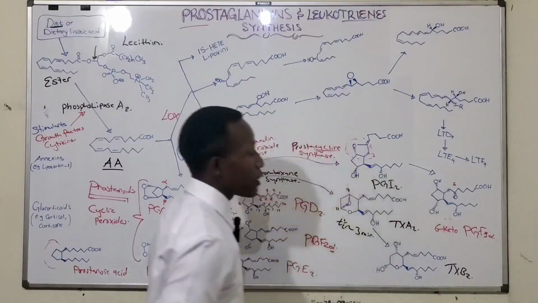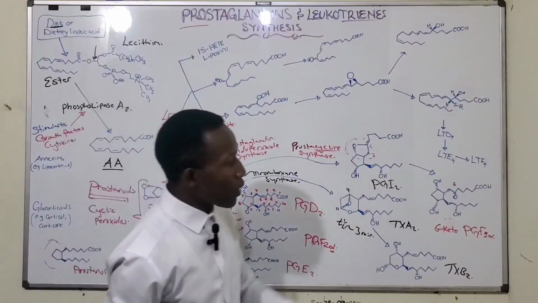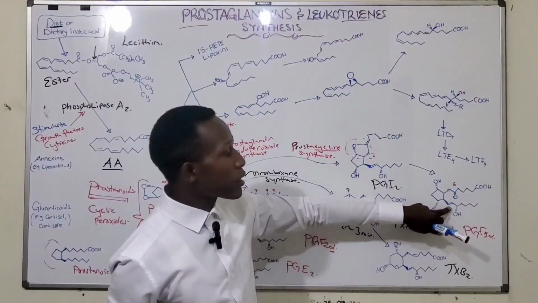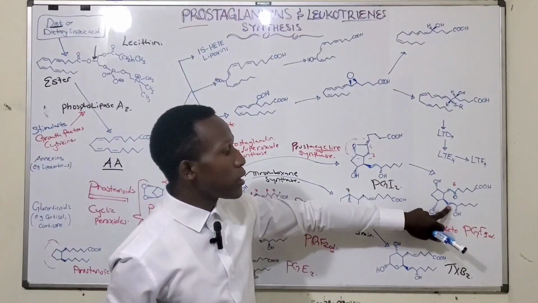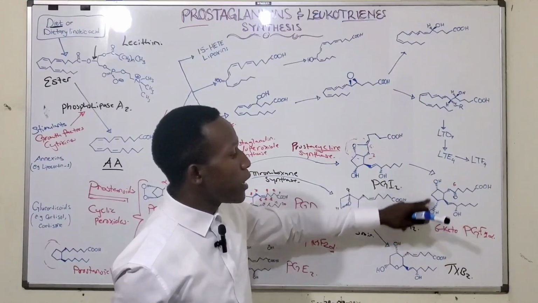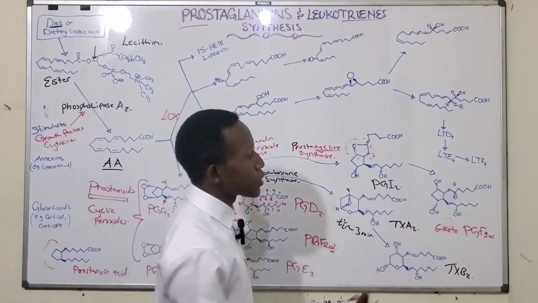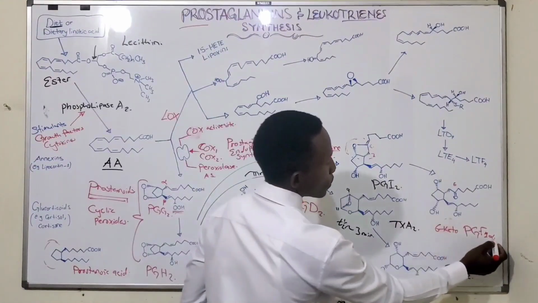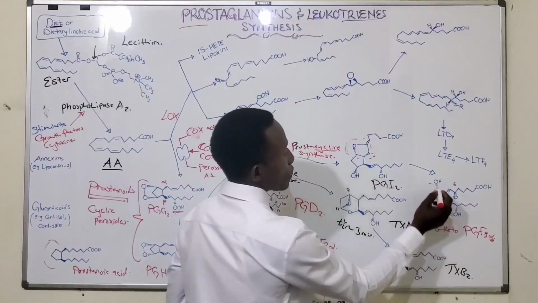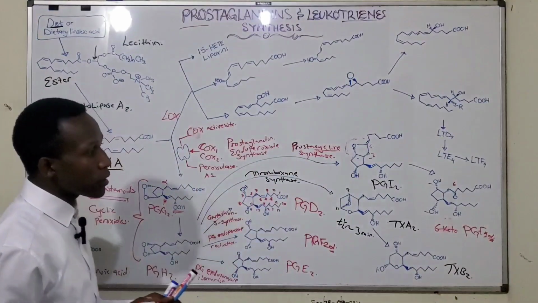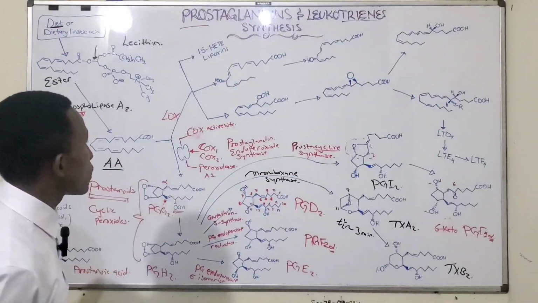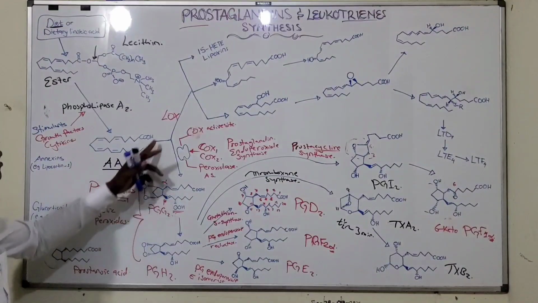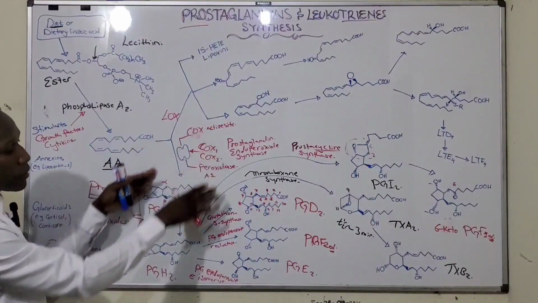It is F1 alpha because we have only one double bond here and the OH groups are at the alpha position. Then this is the COX pathway.